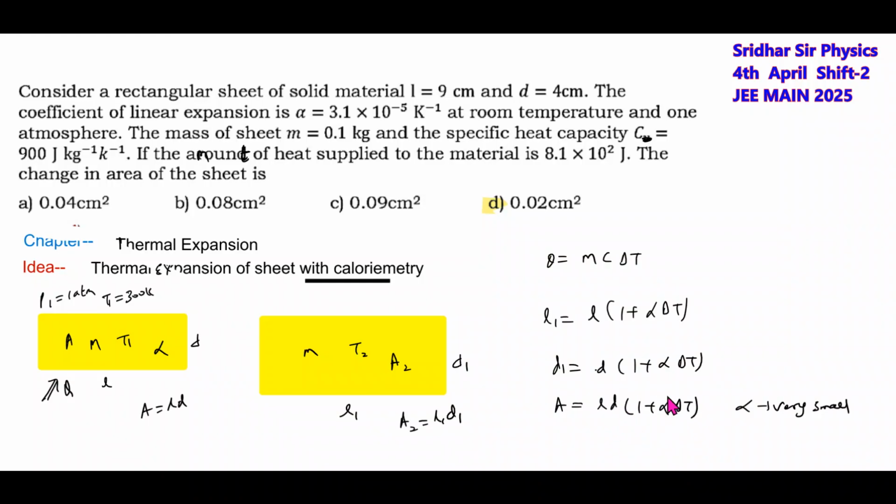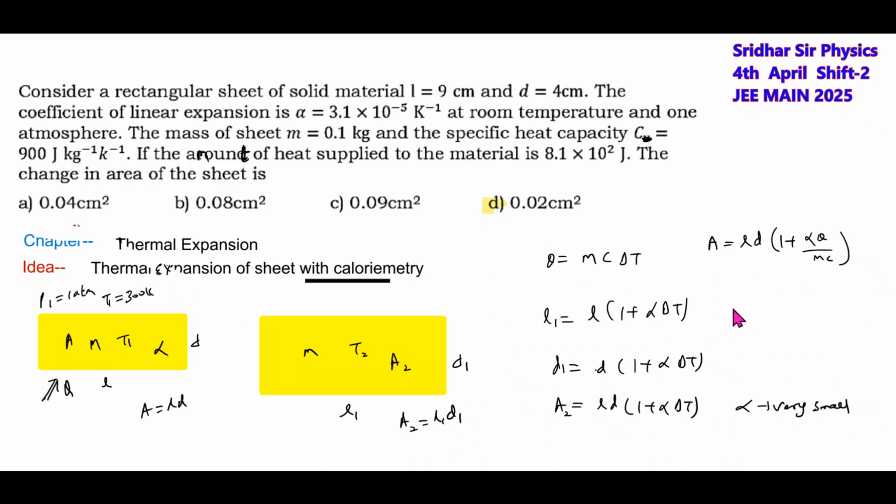Now, what is delta T? Substitute this value. So here if I solve it, A equal to L D into 1 plus alpha delta T, where delta T will be Q by MC. Substitute all the values, we'll get the new area. The change in area, okay, we'll do one thing. There's a new area, no?